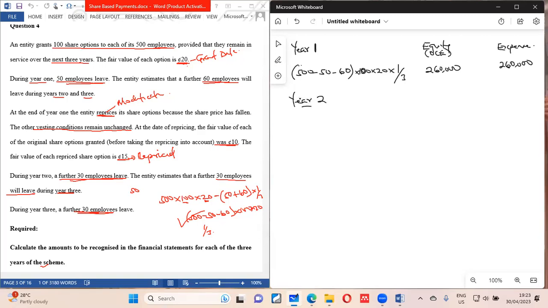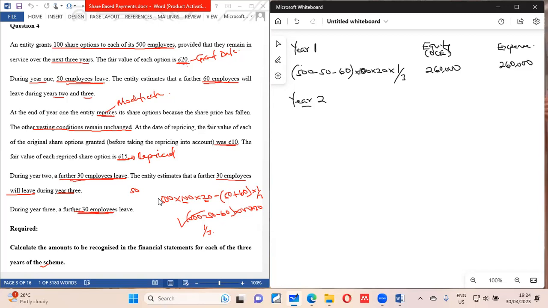All right. So year two, when we were doing the modification, we said that when there is a modification, you continue to use the fair value at the grant date. And when you finish, look at the extra expense to recognize, which, if the modification is an increase in the fair value, like the repricing, then it means that you do the differential again and add.